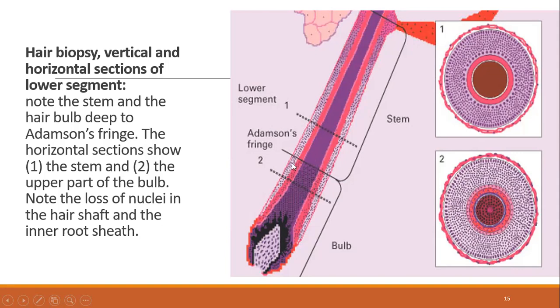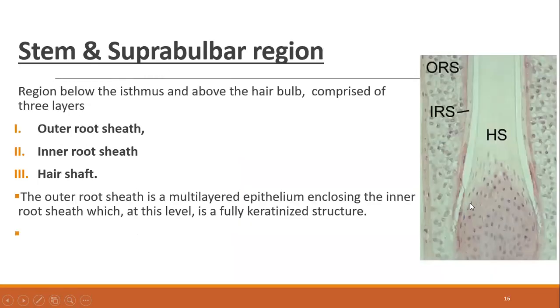The portion above Adamson's fringe is the stem, and the portion below Adamson's fringe is the part of the bulb. The portion above the fringe will have a structure similar to the isthmus, while the deeper portion, the upper part of the bulb, will have some peculiarities which will be discussed later.